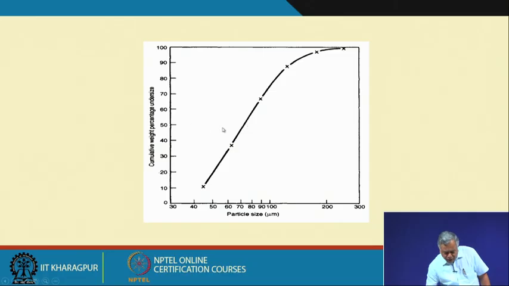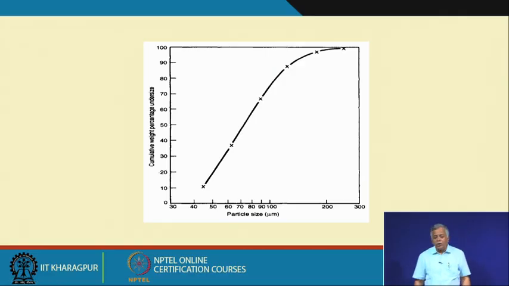This is frequently used in mineral processing literature. We will also use this throughout this course, that is the 50% size, we call it D50 size. Now, what is the D50 size for this? You have to go to this plot and see the corresponding size. It may be 73 or 74 micrometer.